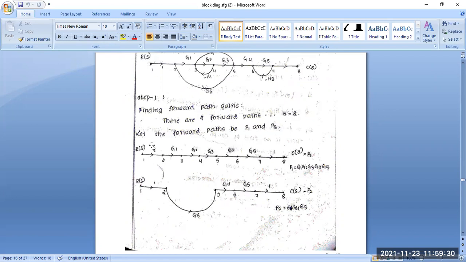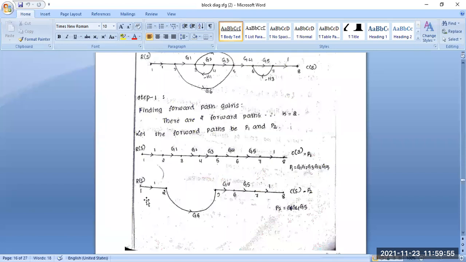So P1 is equal to G1, G2, G3, G4, G5. Is it clear to all of you?